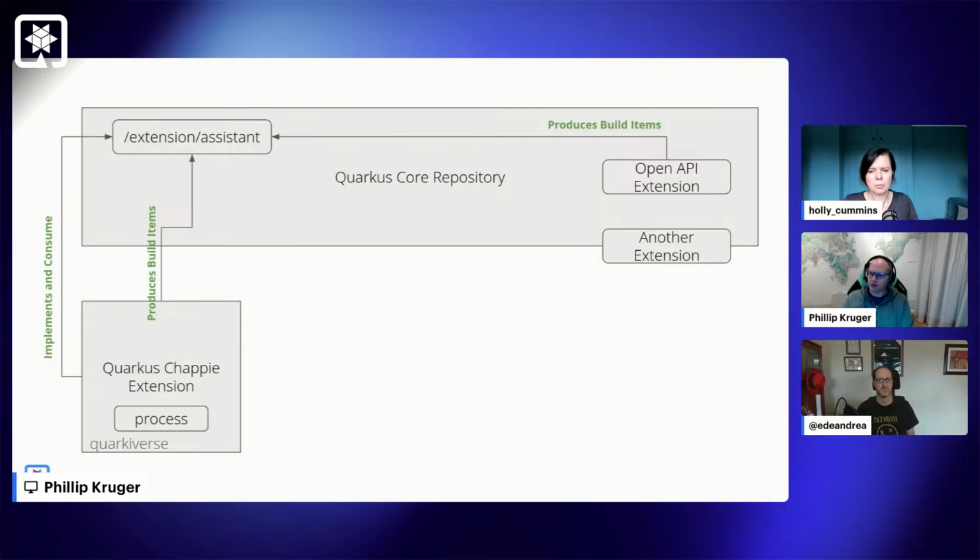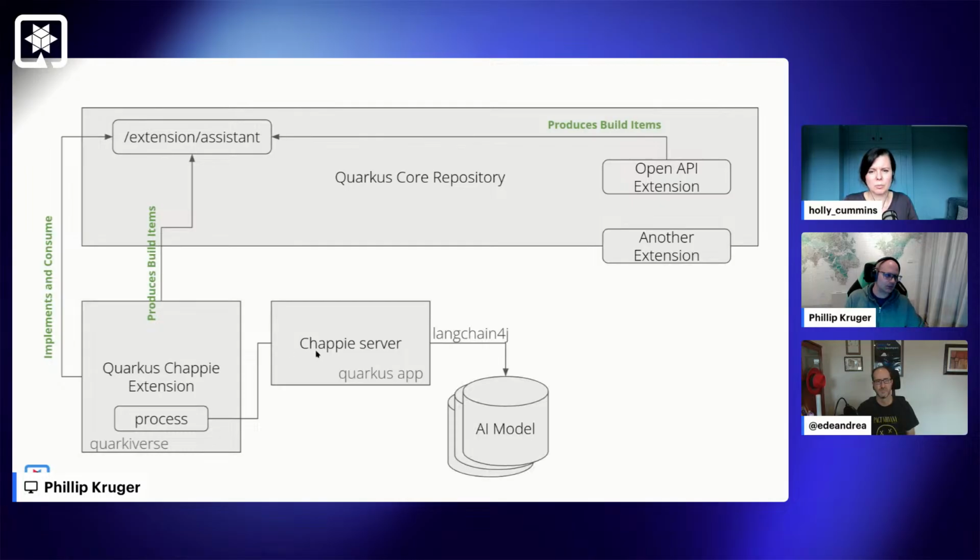So to decouple those, Chappie, or what I call the Chappie server, is a separate process, which is just a Quarkus application that uses LangChain to go to the models. Now we have an HTTP protocol between these two, and there's no classpath clash as such in terms of versions.